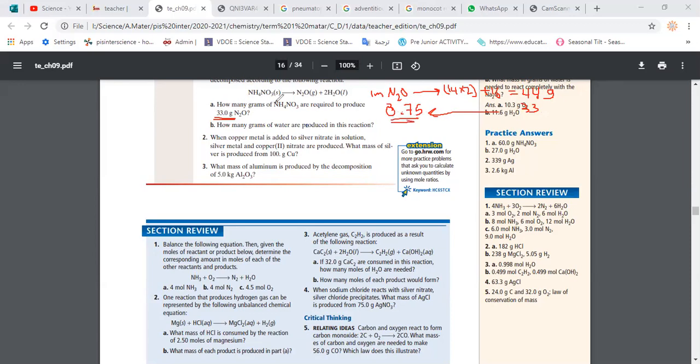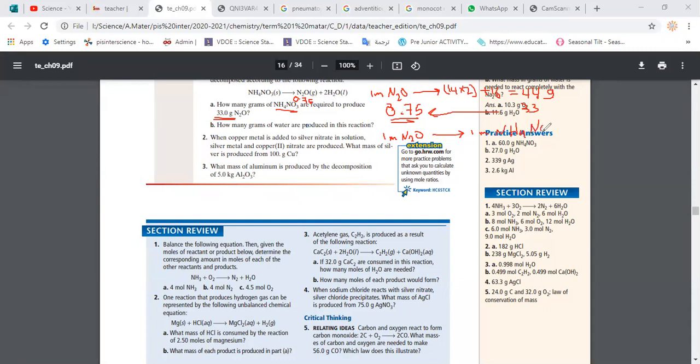Good. So first we know that the number of moles of N2O is 0.75. That is the number of moles represented by the 33 grams. Then he asks you now to find the number of grams of NH4NO3. So regarding the equation, 1 mole of N2O yields how many moles of ammonium nitrate? One mole.